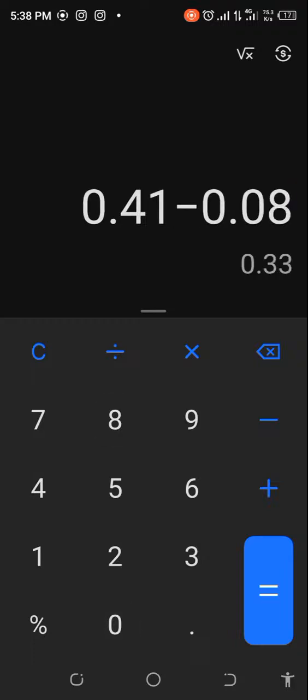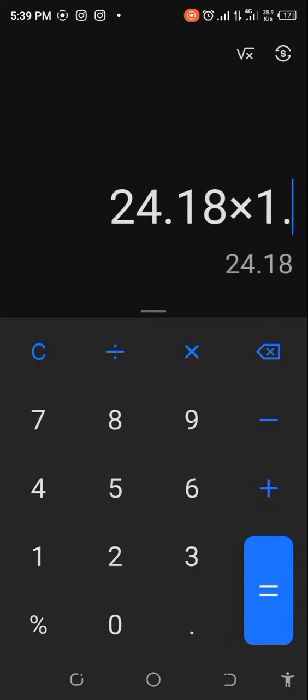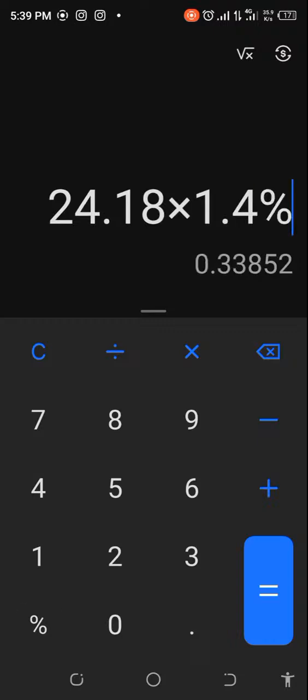So we'll have 33 cents. That's still good. About what percentage would that be? Right now, I just hope I'm not wasting too much time. That will be 24.18 times 1.5. Something in the range of 1.4%. So it's a 1.4% profit potential.